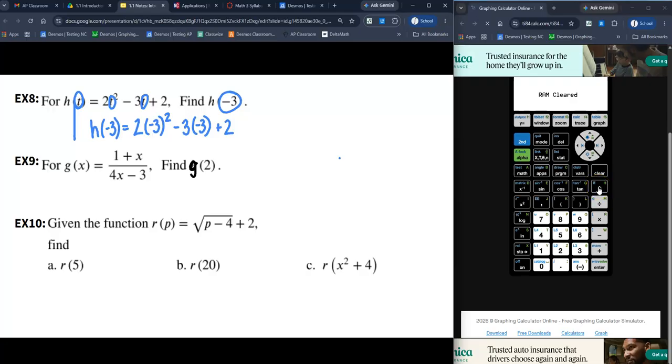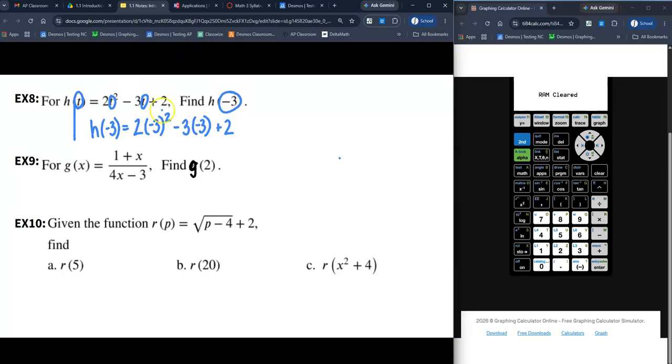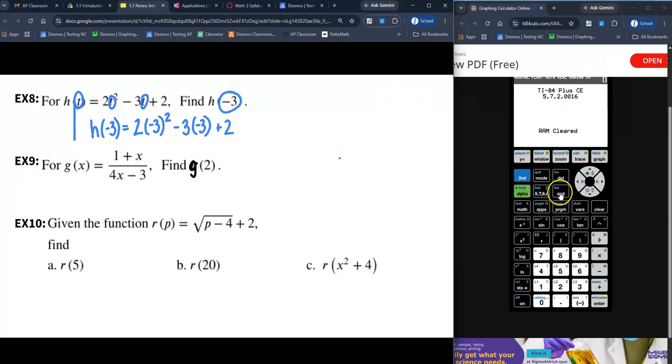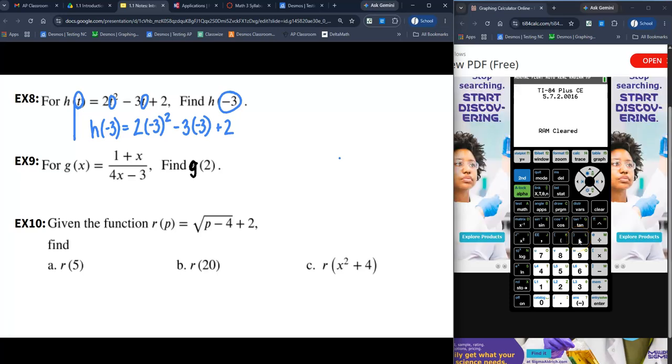I call it the "to the" key because it raises a number to the power. So we're doing -3 to the second. If you wanted to plug that in, you also have parentheses right there above the 8 and the 9. So it will do it correctly. So 2 times. Also, another thing to watch out for on the yellow calculator: the minus and the negative are not the same. So when you need to do -3, you have to use the negative down here at the bottom.